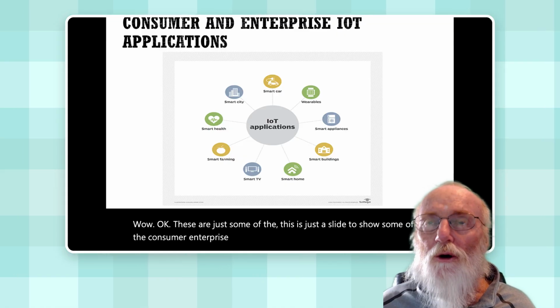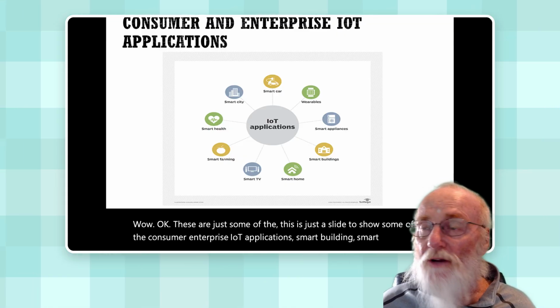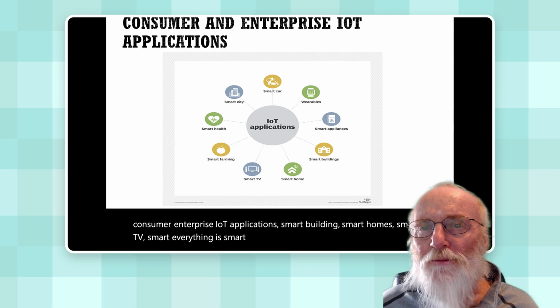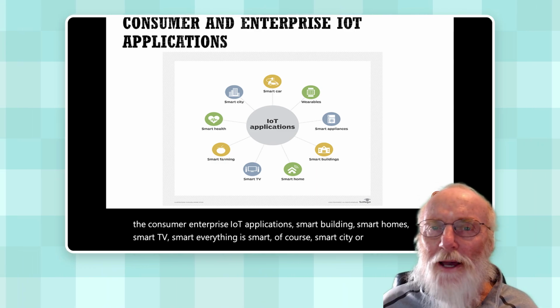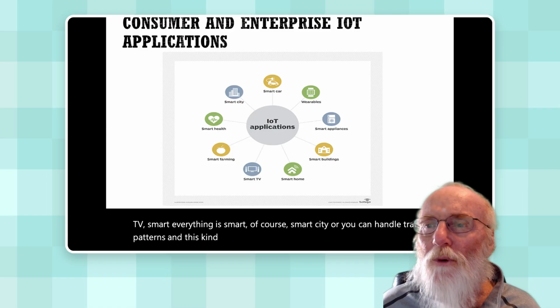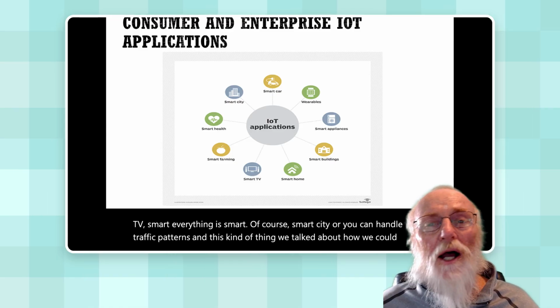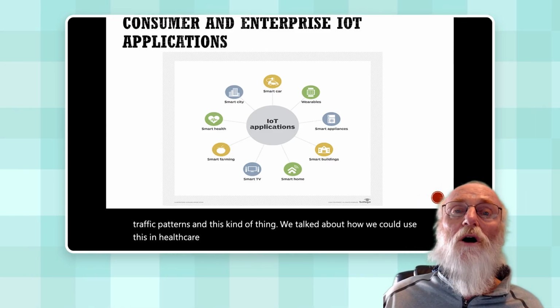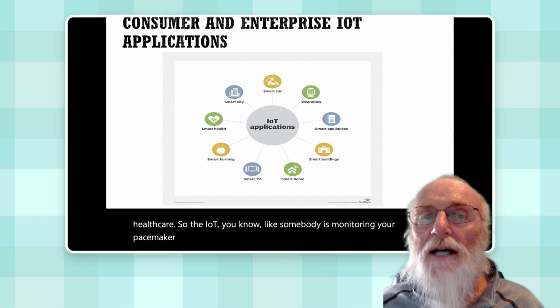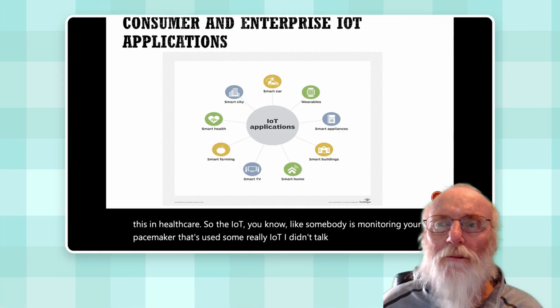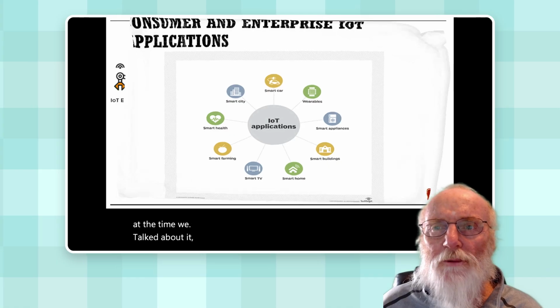Smart buildings, smart homes, smart TV, everything is smart, of course. Smart city, where you can handle traffic patterns and this kind of thing. We talked about how we could use this in healthcare. So the IoT, like if somebody is monitoring your pacemaker, that's really IoT. I didn't say IoT at the time we talked about it, but that's what it is. So those are some of the applications.